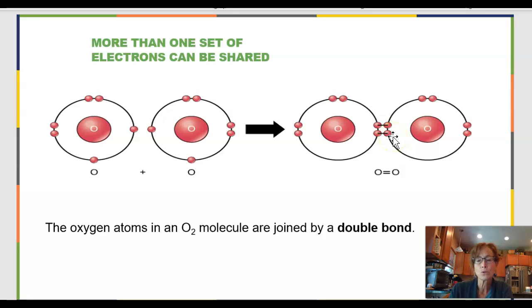This is O2, the way we typically find oxygen. It's a stable molecule like this. We can call it a molecule because it's a covalent bond. And this double bond is actually stronger than a single bond, so this really is a pretty strong bond.